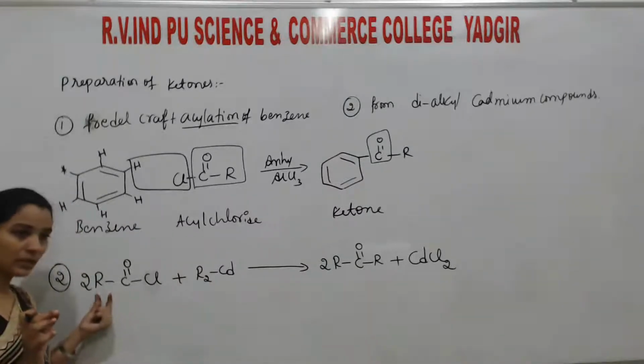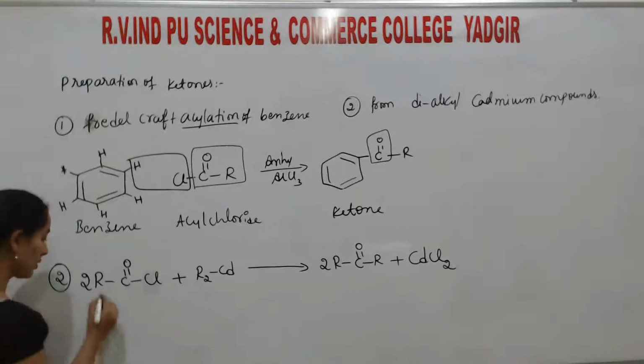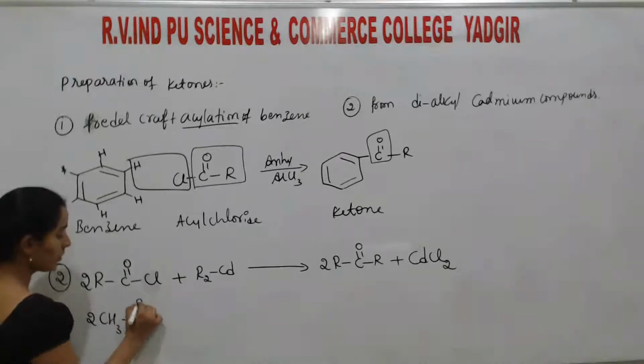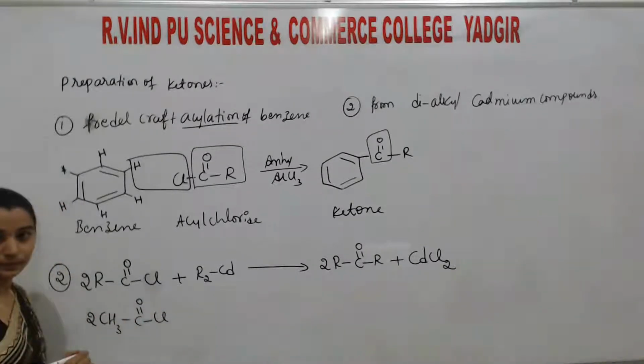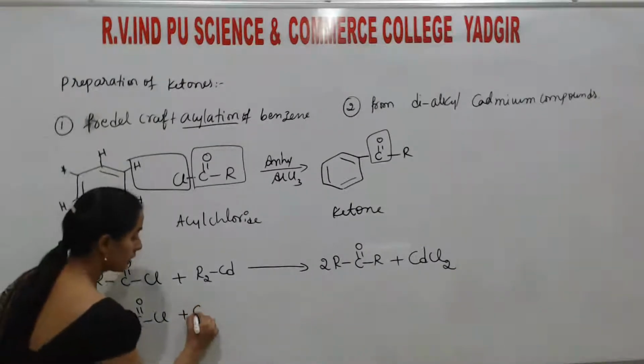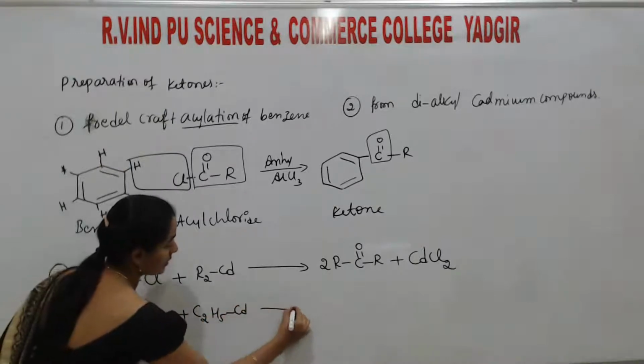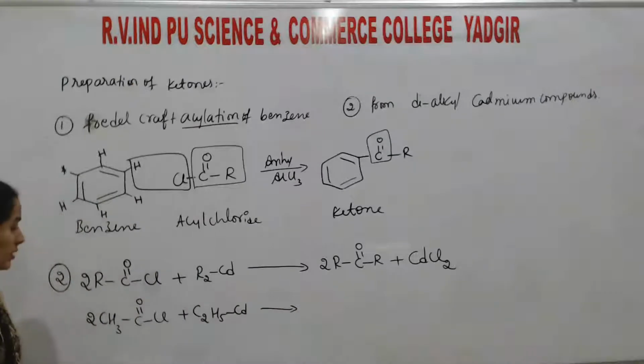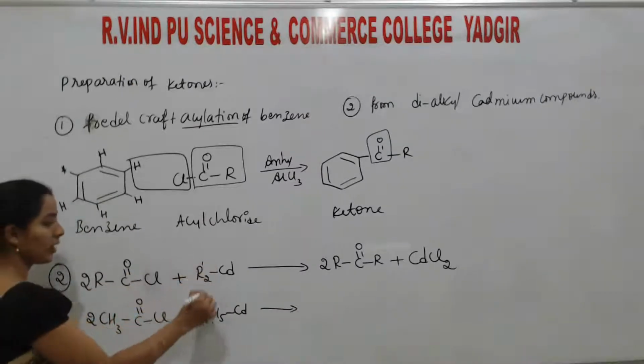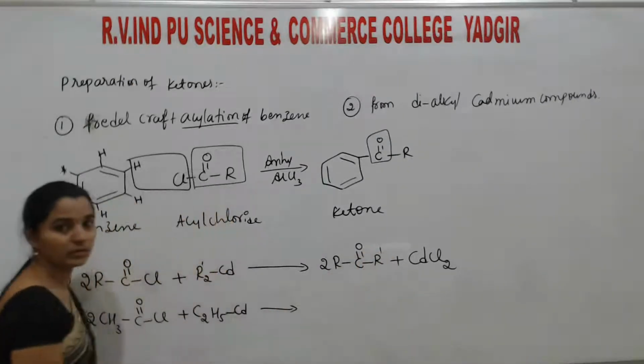It may be benzene, it may be any alkyl group. Like you take 2 CH3, C double bond O, Cl plus C2H5, Cd. Then what must be the reagent here? You take this one as R, this one as R dash.